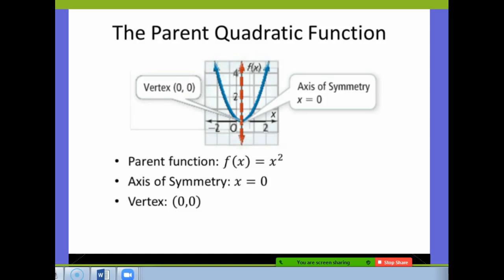So we have our parent function. Its axis of symmetry is x equals 0. Its vertex is 0, 0. And just like linear and absolute value functions, the domain of a quadratic is all reals.